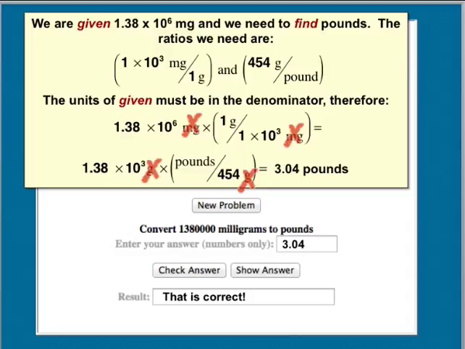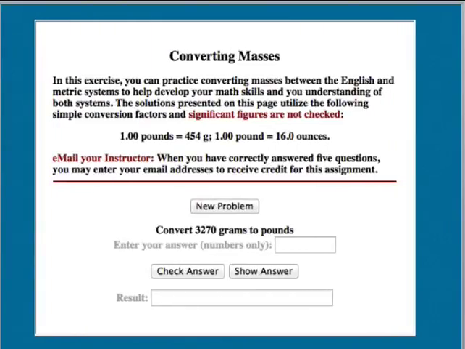Let's go ahead and do one more in class here. Here we're converting simply grams to pounds, so that's just one ratio. Identify your given and write a ratio for me.